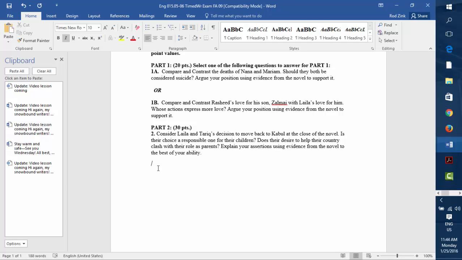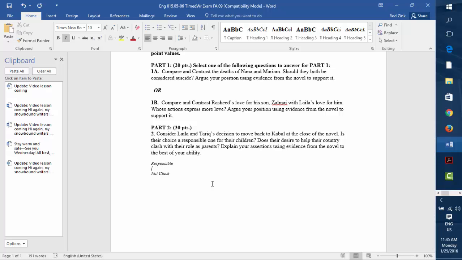So usually you could put, let's see, is their choice a responsible one? And you could be thinking as you're making your outline, because just like writing, these things go together. So yes, and you could put responsible, and does their desire to help not clash, and explain your assertions using evidence.